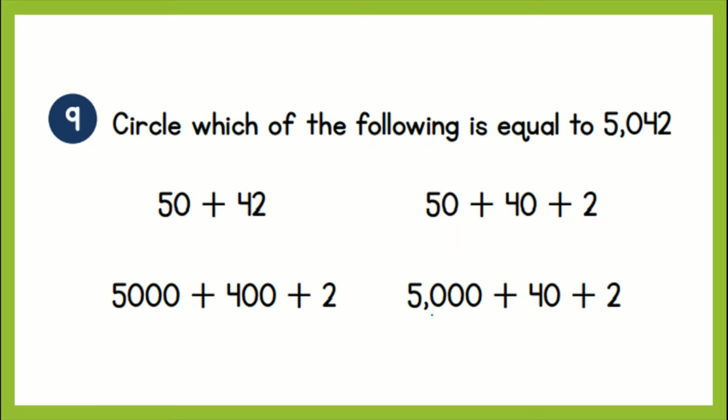Question 9. Circle which of the following is equal to 5042. This equation here, 50 plus 42, that would give us 92. 50 plus 40, so 5 plus 4 is 9, that would be 90 plus 2 equals 92. 5,000, so 5 in the thousands column. 400, so 4 in the hundreds column.